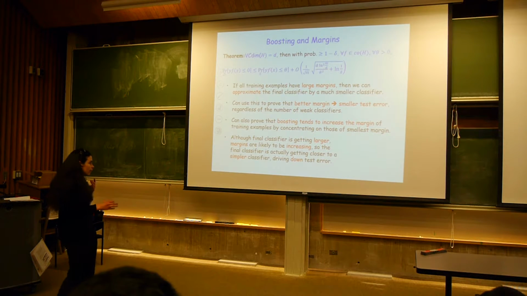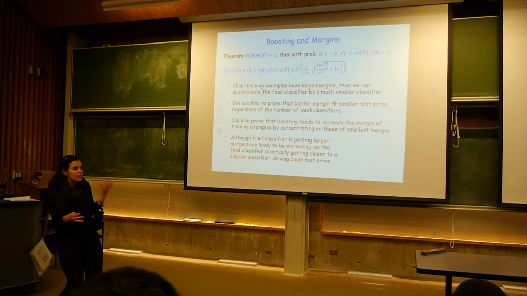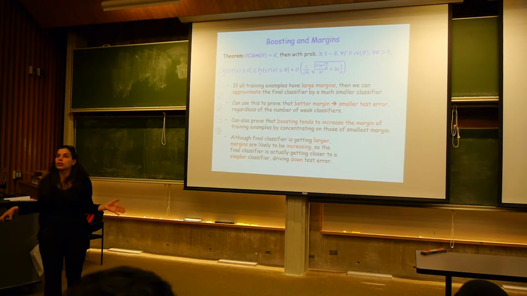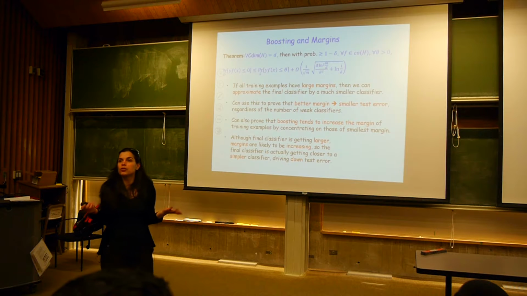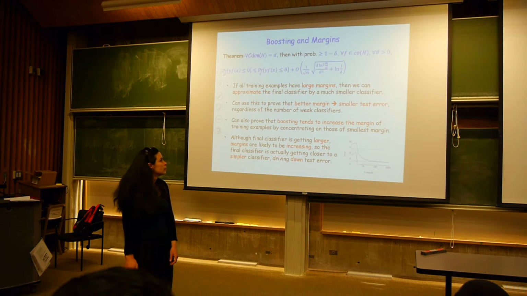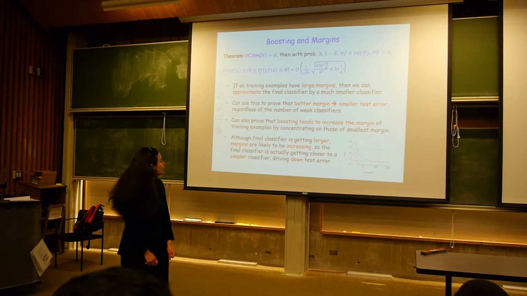So the final classifier is actually getting closer to being a simpler classifier, which explains why the generalization error keeps dropping. Margin is another notion of simplicity. It's not only about the number of weak learners, but the margin can capture simplicity in a different way. And then we can understand these empirical findings.